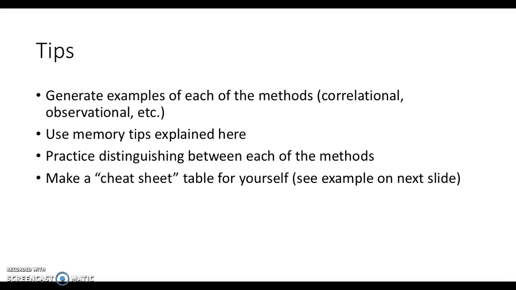And if you guys have any questions about whether an example I've generated works, please let me know, because I can help you fix those really easily, rather than when it comes time for the test to be tripped up there. Also use some of the memory tips that I explained earlier in my video. So for example, thinking about things like internal and external as inside the lab and outside of the lab. Those types of tips can just help you make connections faster and help you out on your test to make sure you have enough time to answer each of the questions.